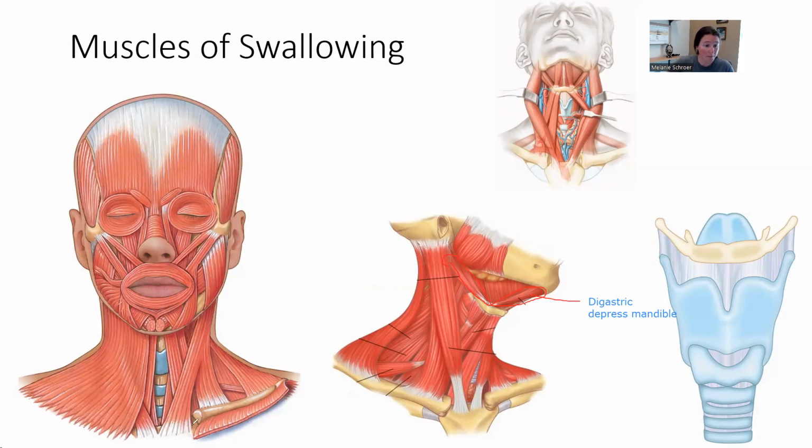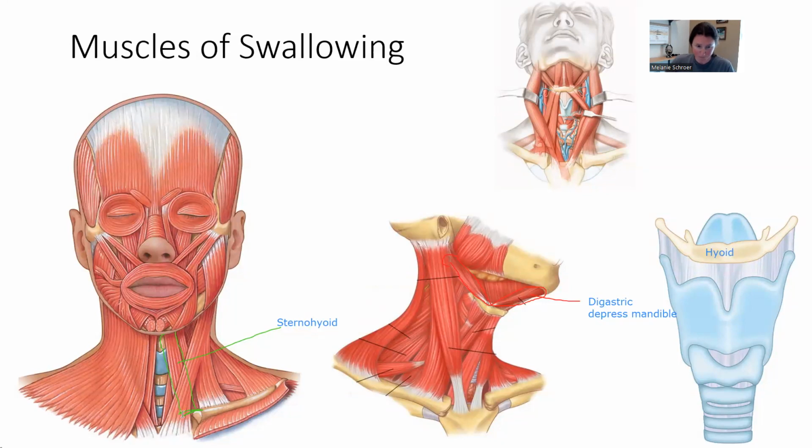Sterno, so the sternum, this muscle actually originates on the sternum and goes all the way up to the hyoid bone. Okay, so here, this is the sternohyoid muscle. Remember that this here is the larynx, and so the hyoid bone is all the way at the top.